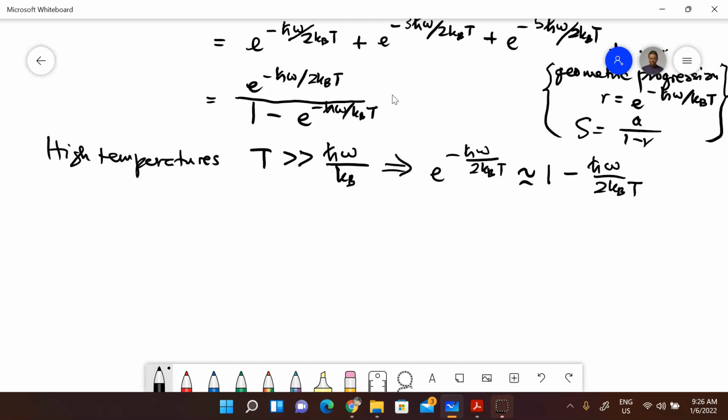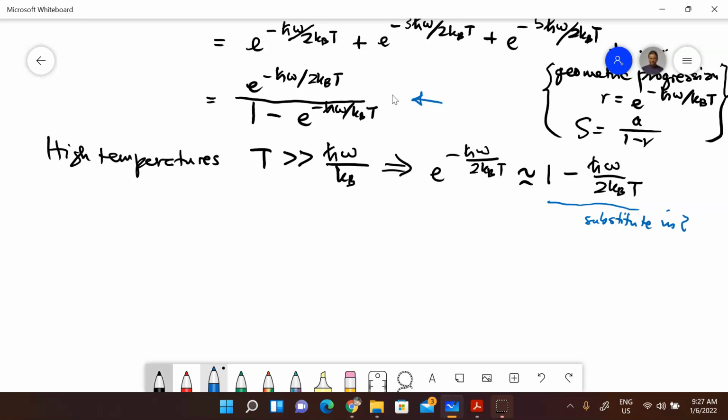Okay. All right. And then what we need to do is to take this expression and substitute inside your Z, which is this one. Okay.